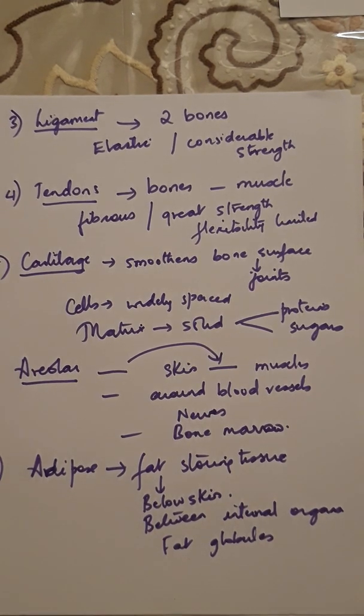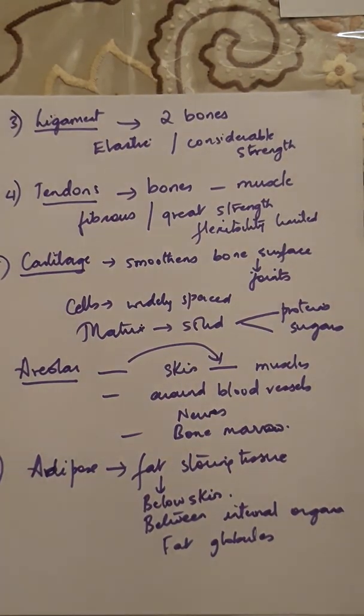So the adipose tissue, remember, acts like an insulating tissue. It is made up of fat globules and it helps to keep warm. So we have finished now with these tissues. I'll just show you a picture of the adipose tissue. These are the cells that make up the adipose tissue.